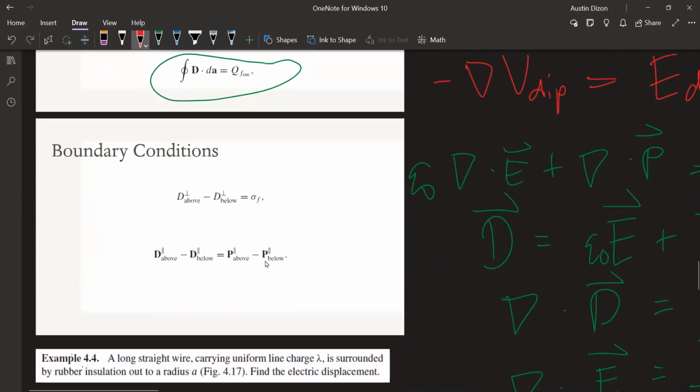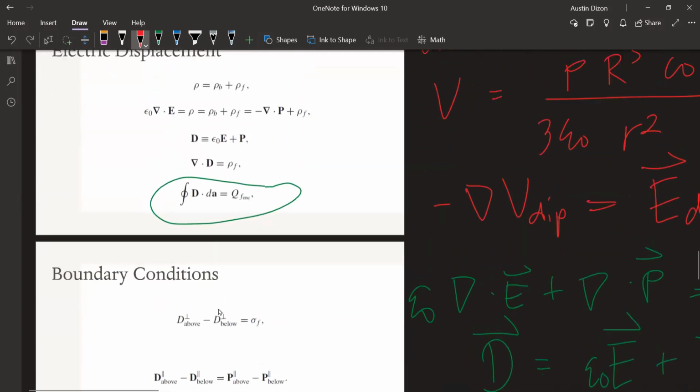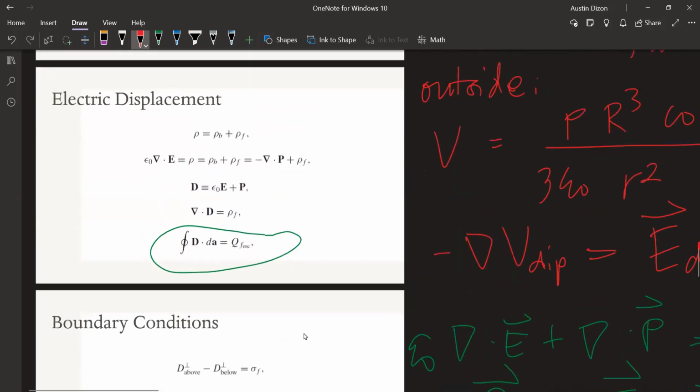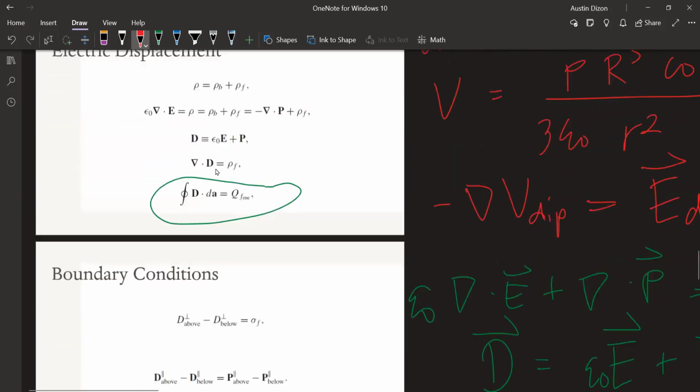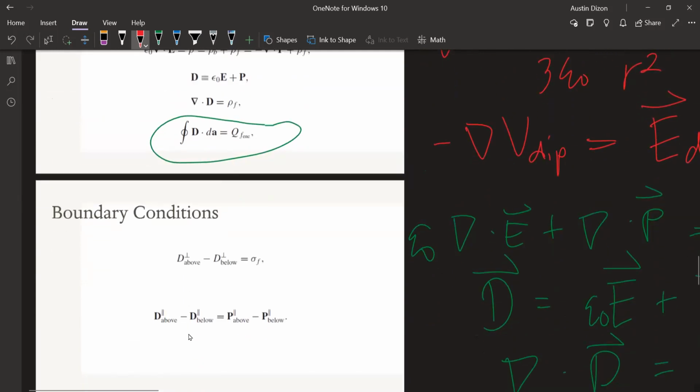Ma-derive nyo to kapag ginamit nyo yung previous boundary conditions. And then, yung parallel to the surface will be the difference from the above and below ng electric displacement should be equal to the difference above and below ng polarization.